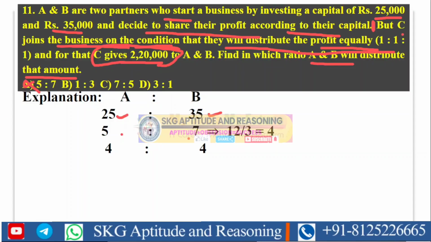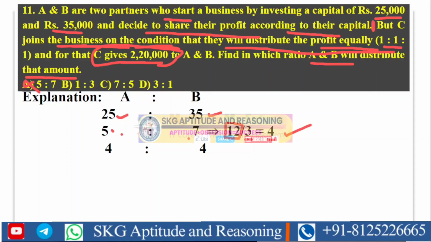But later some other person joined the business. If we add 5 and 7, it equals 12 parts. Let us assume the total profit is 12 parts. Now not two persons, three persons are present. So that amount has to be distributed equally between the three persons, that is 1 is to 1 is to 1 ratio. So each person will get 4 parts of the amount.